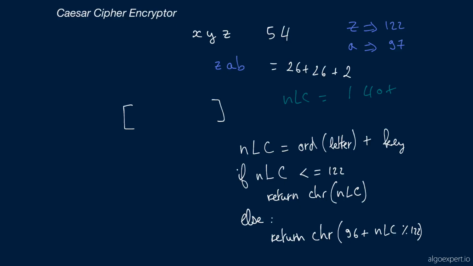You want to wrap around the alphabet. So what we can do at the very beginning of our algorithm, instead of dealing with a big number like 54, is we can say, let the key be equal to whatever our given key is, and then mod that by 26, which is the number of letters in our alphabet.